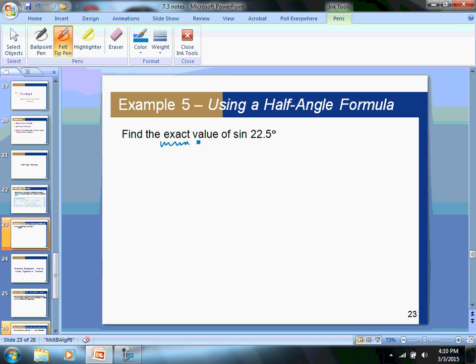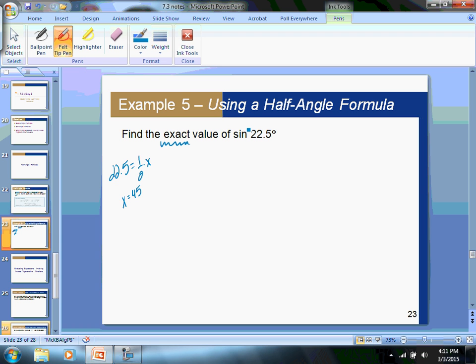We want exact values, so we want radicals in there, and they're going to stay in that form so we keep that exactness. The trick to start is to think, 22.5 is really half of what? It's half of something, and that something would have to be 45.